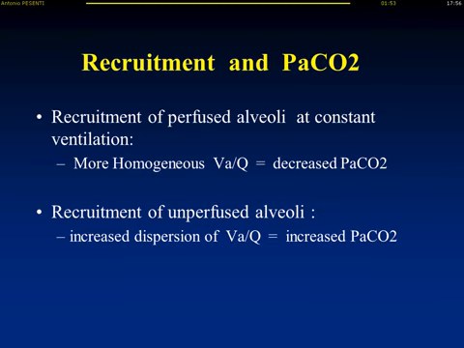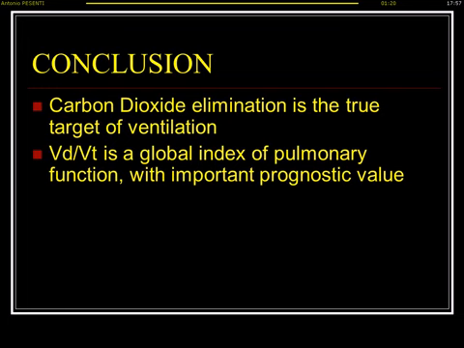So if we do a good recruitment, we have good reasons to think that this should be followed by a small 1, 2, 3 millimeters of mercury decrease in PCO2, together with an increase in PO2. While if we recruit dead space, that will affect negatively the CO2 removal or leave it at the same level. So I think I've reached my conclusion.